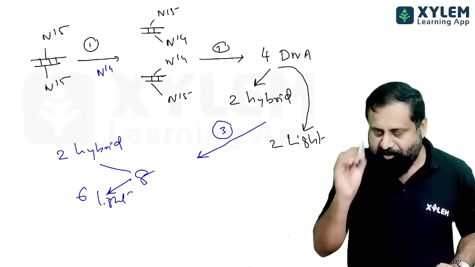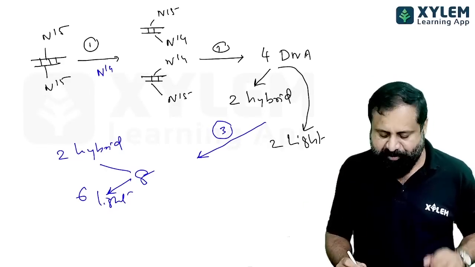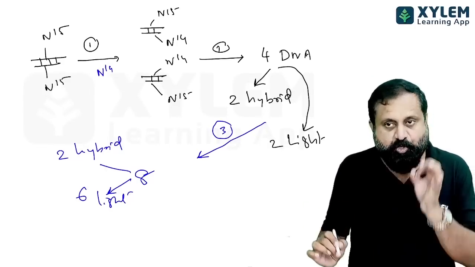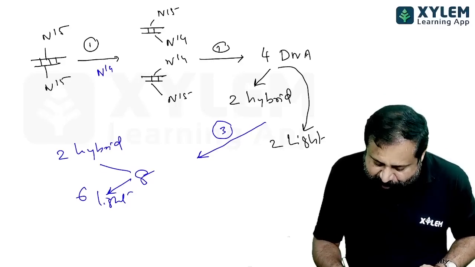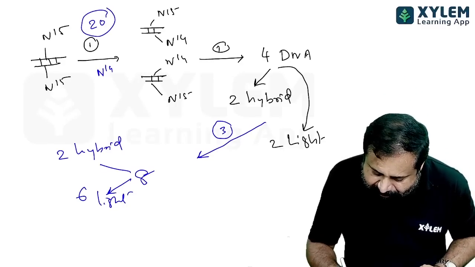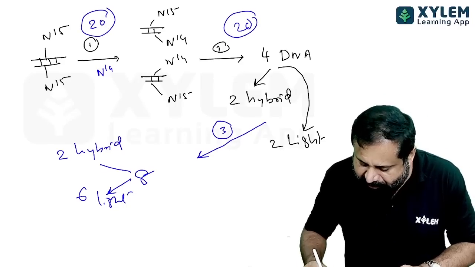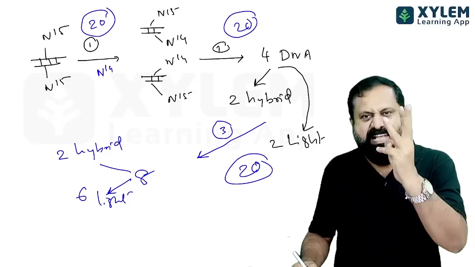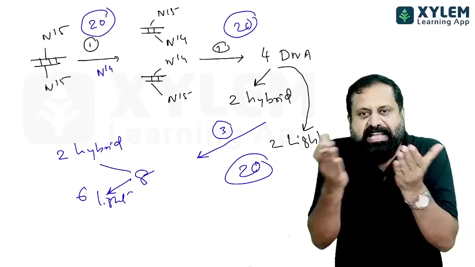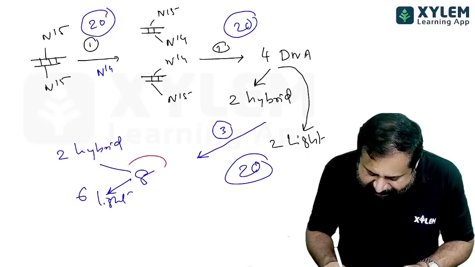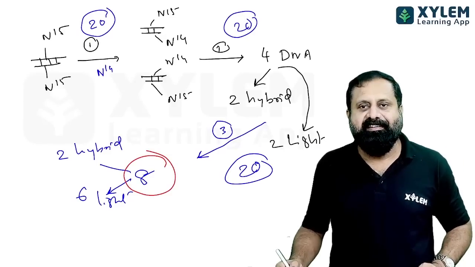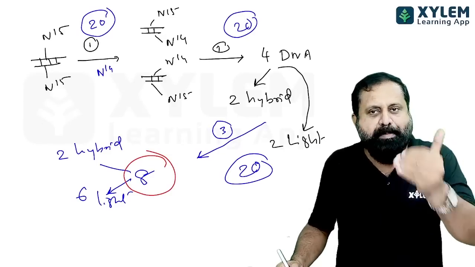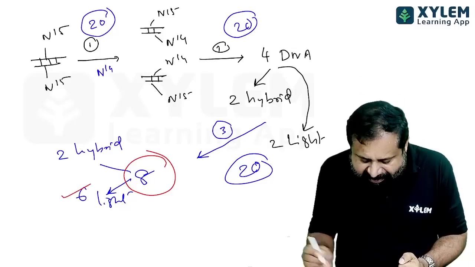Here, the question is saying 60 minutes, and each replication will take 20 minutes. So here 20 minutes, here 20 minutes, here 20 minutes. Totally 60 minutes. That means 3 replications. After 3 replications, you will get how many DNA? 8 DNA. Out of 8, how many are light? 6 are light.